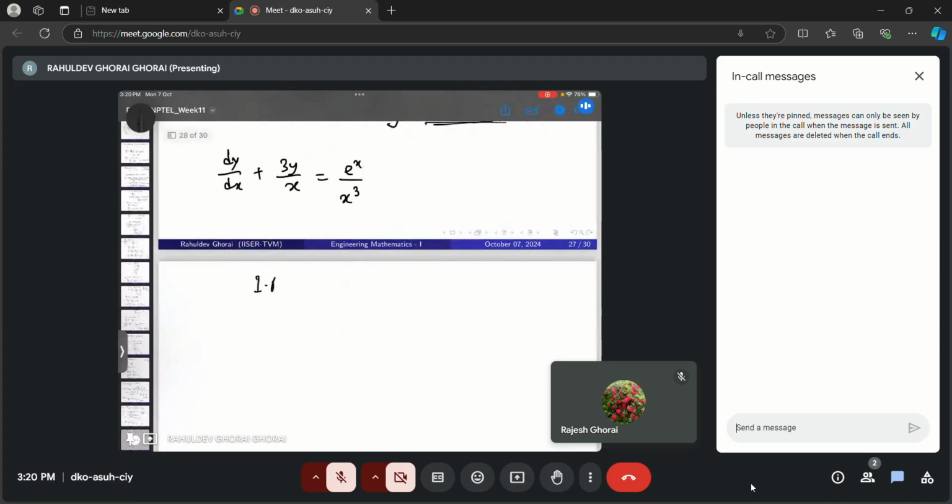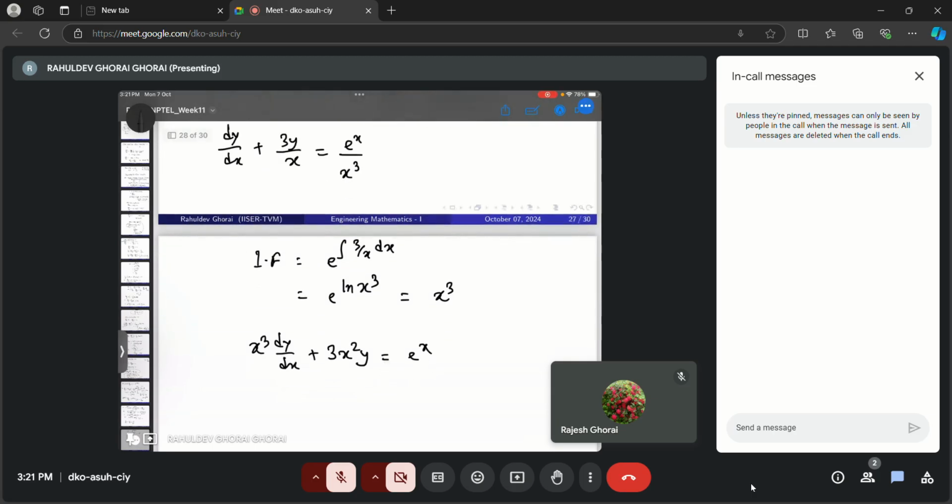The integrating factor in this case will be e^(∫3/x dx) = e^(ln x³) = x³. Then you multiply by x³, so x³ dy/dx + 3x²y = e^x.